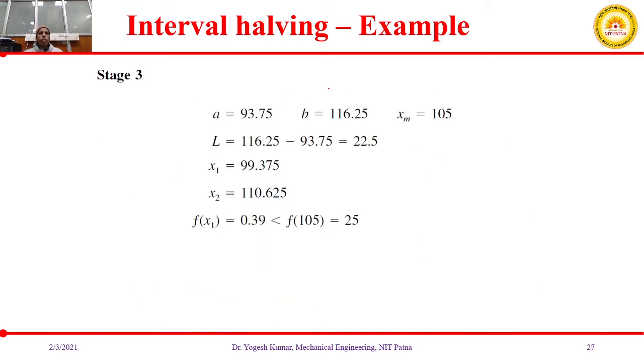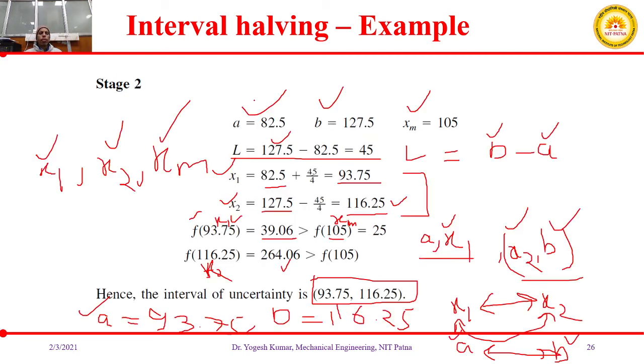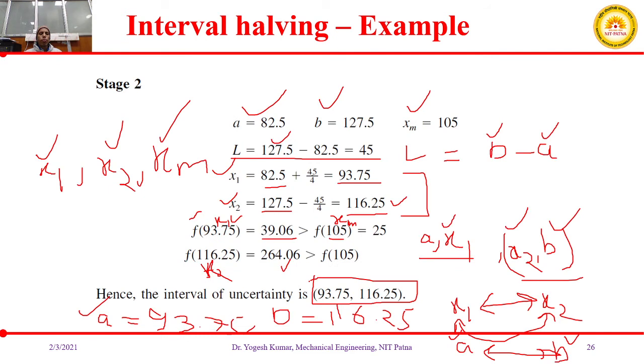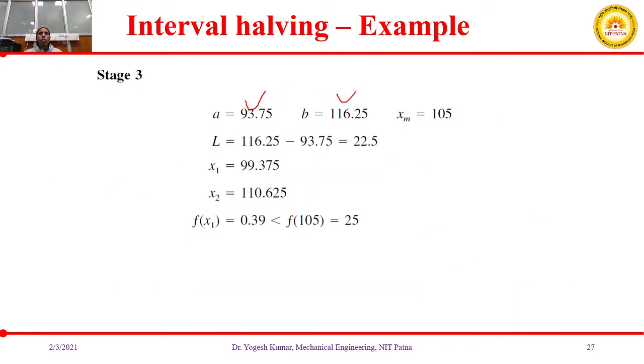Okay, so in this step we have assigned the value of a equal to 93.75 and b equal to 116.25. Here again, because the mean is not changing, your xm will remain the same, and xm is equal to 105.